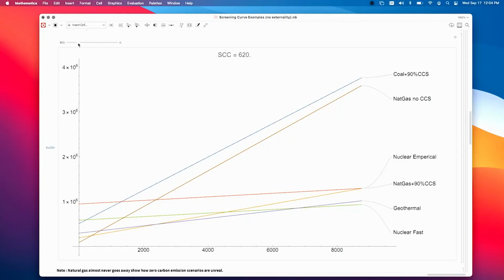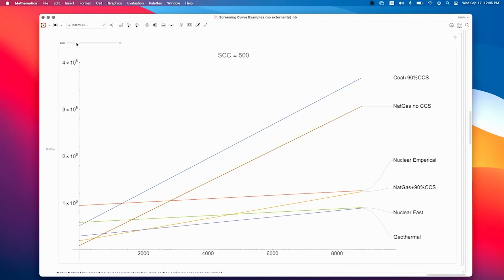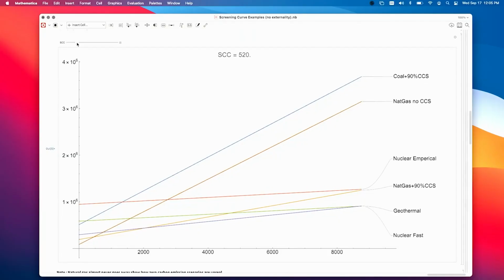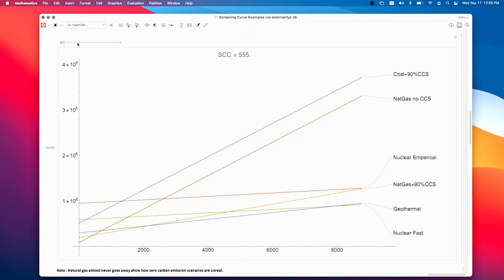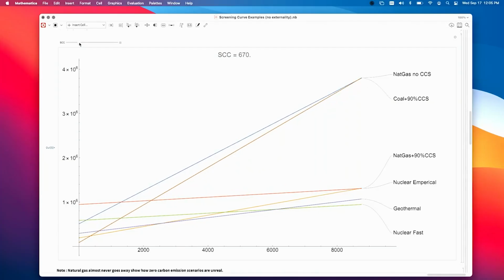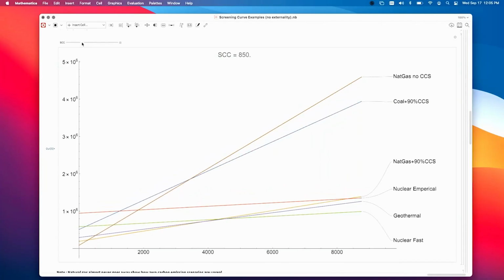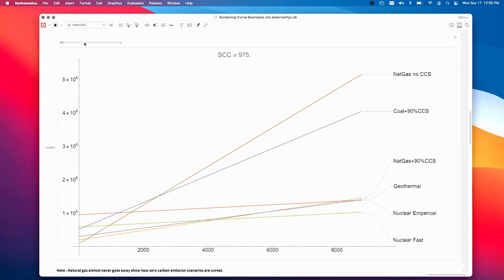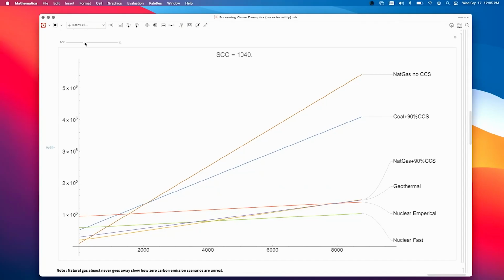And so for the social cost of carbon to have some amount of nuclear, we see it is somewhere around $500 that it begins to move over. And then as we keep upping the social cost of carbon, let's get to 1,000, somewhere like there.